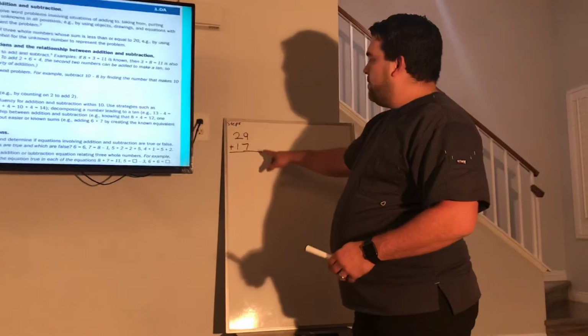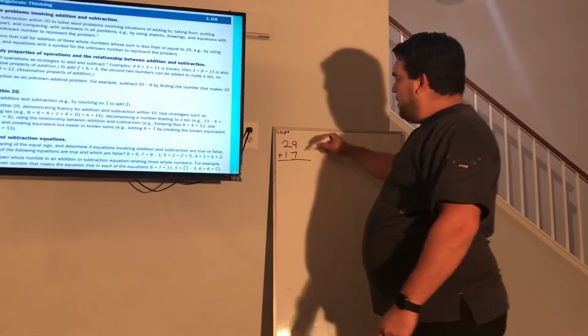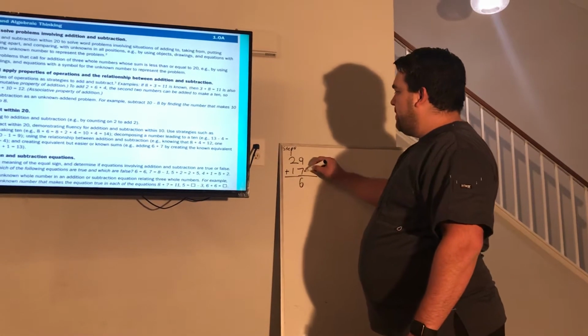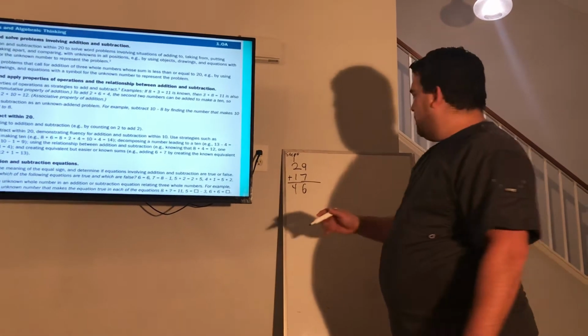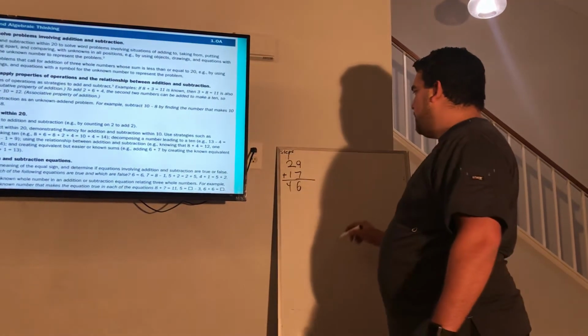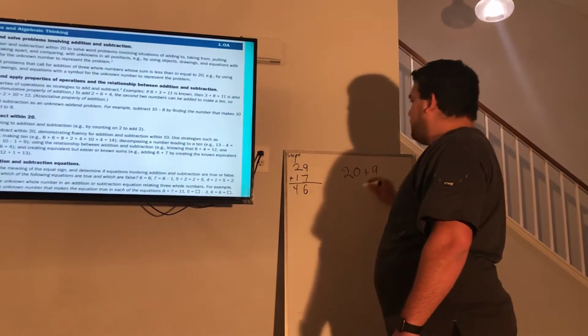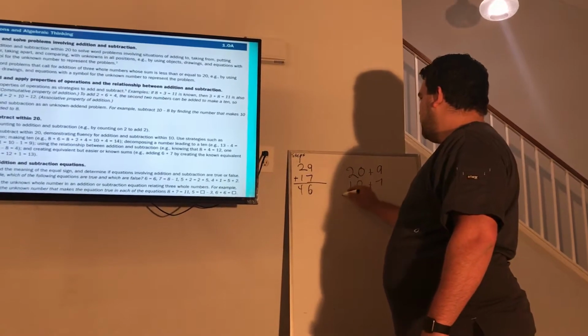So let's take, for example, 29 plus 17. The old method meant that you were supposed to carry the 1, so you still solve that, and end up with 46. The new method that they want you to do, they want you to break this down into tens. So it becomes 20 plus 9, 10 plus 7.